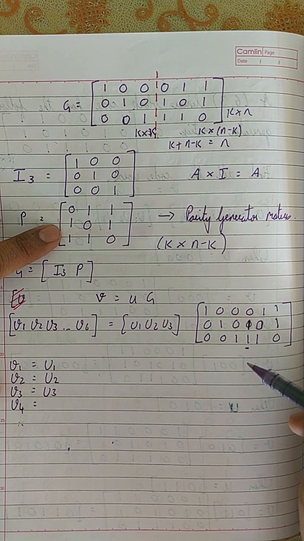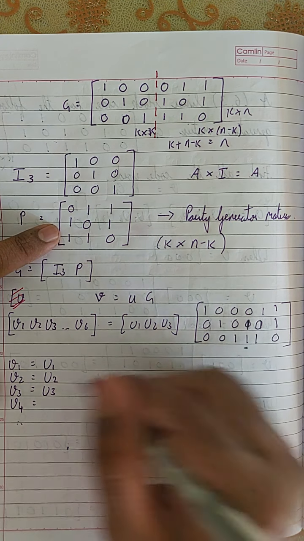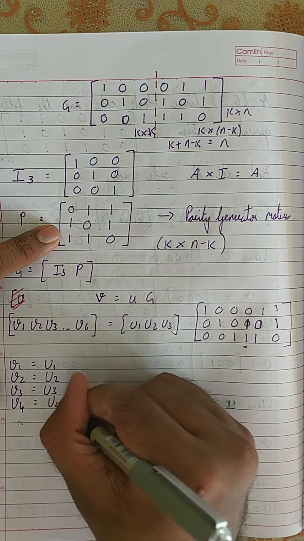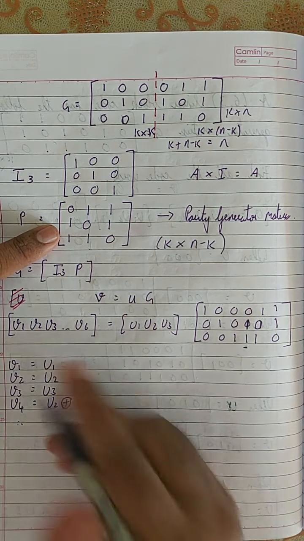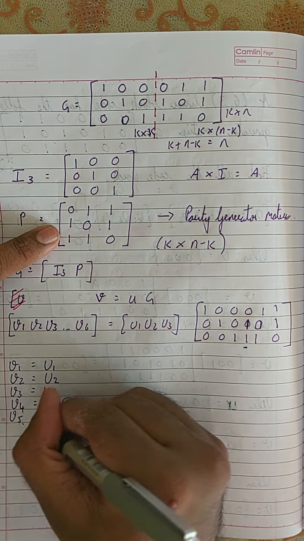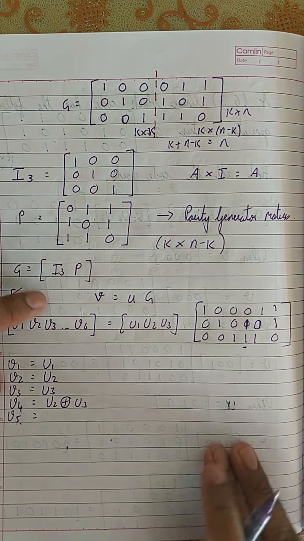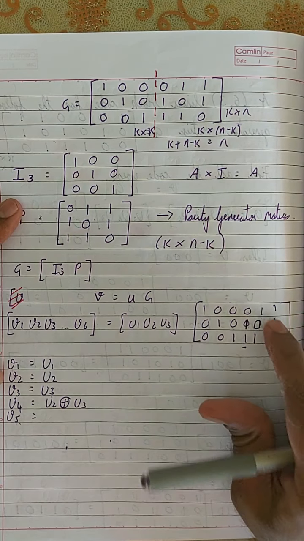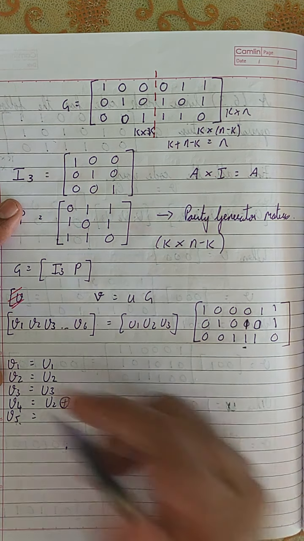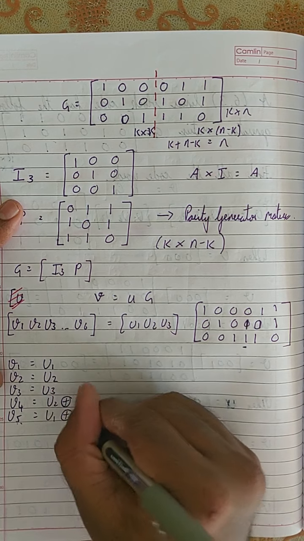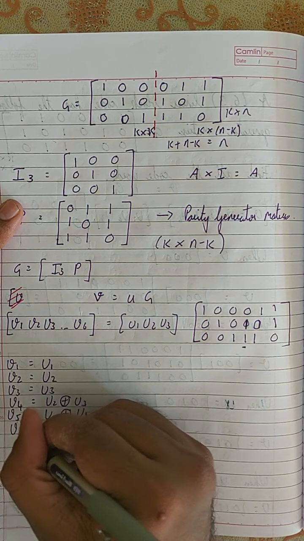So V4 is equal to U2 XOR U3, right? Exactly. And what is the value of V5? You multiply this with the second column of the parity generator matrix, and you will get U1 XOR U3. Now what is the value of V6?